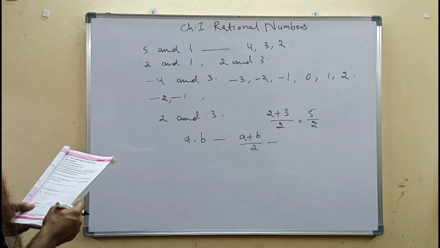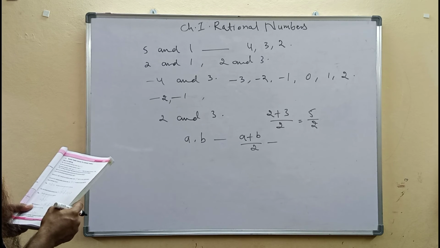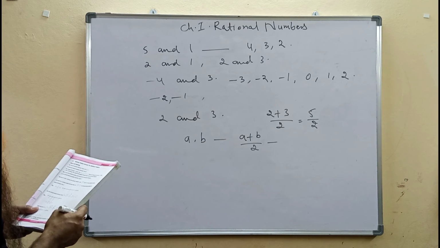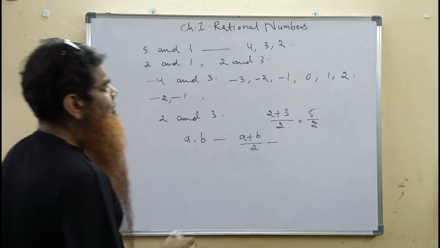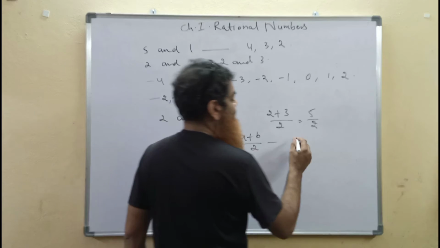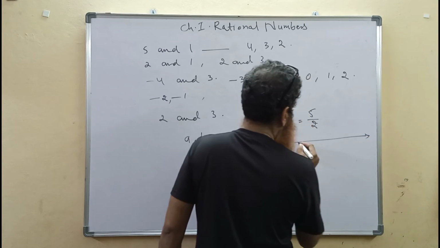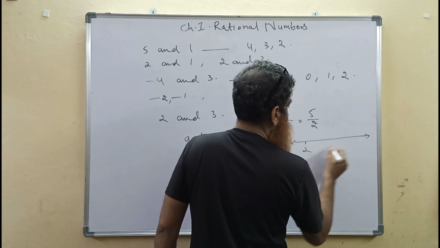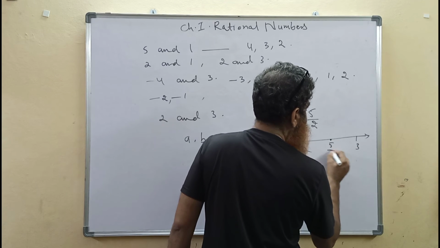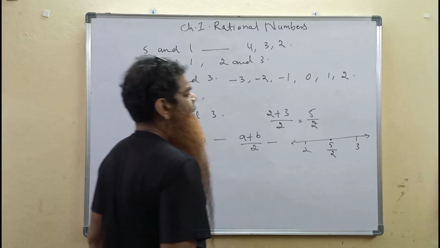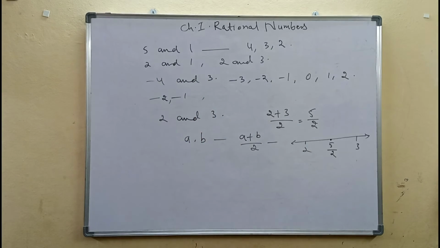So 2 plus 3 by 2, which is equal to 5 by 2, is a rational number which lies exactly between 2 and 3. If this is a number line representing 2 and 3, exactly in between lies 5 by 2, in the center, equidistant from 2 and 3.